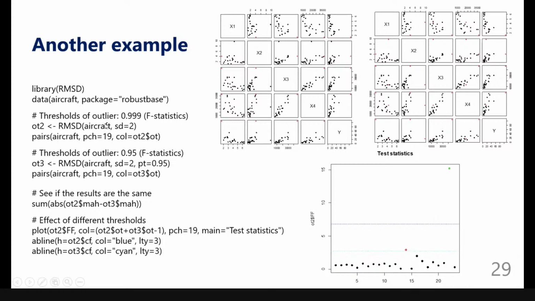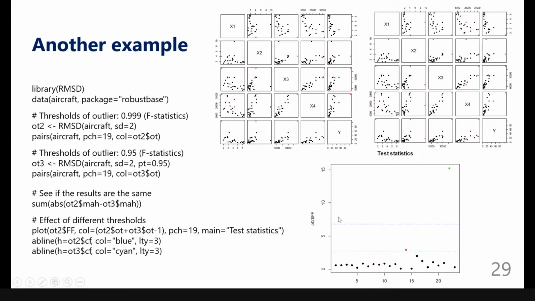But the result of the Mahalanobis distance is exactly the same in these 2 executions because of the same random seed here, but the threshold is different. This is a plot of the test statistics.